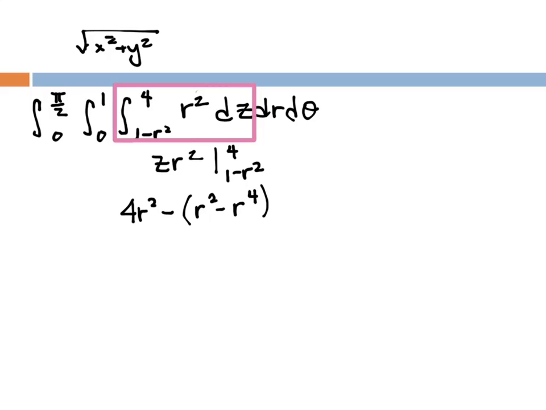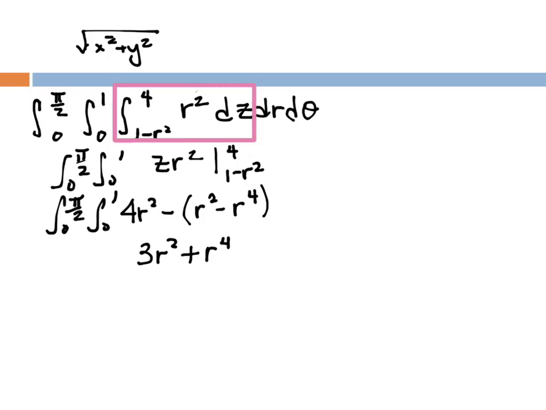If I simplify, that gives me 3r squared plus r to the 4th. Good. That's everything inside of the pink rectangle. Then we're going to go back and put our limits of integration from 0 to 1 and 0 to pi halves on each step. Don't forget that part of it. And at the end, dr d theta.